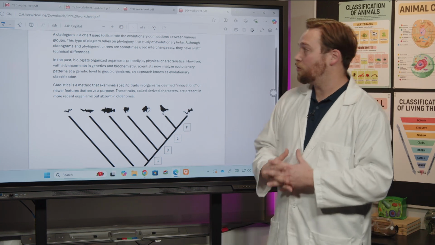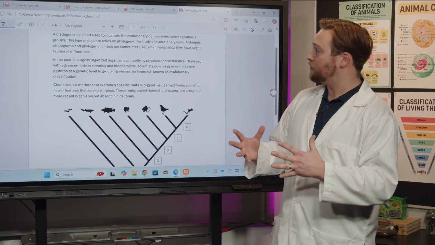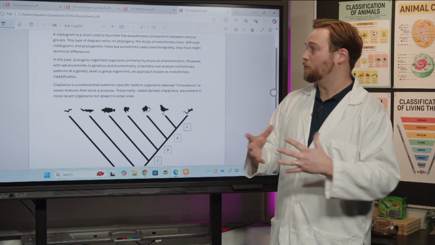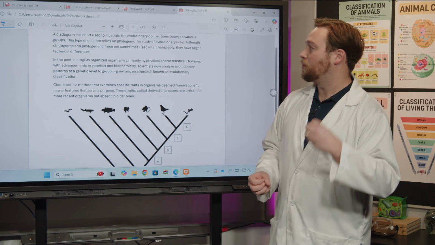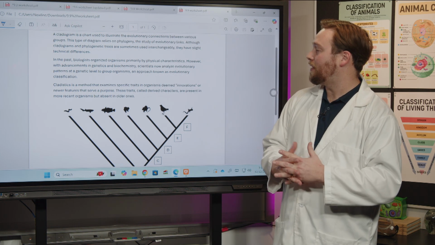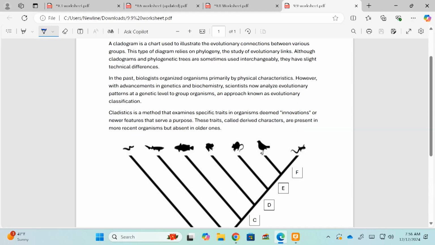So again, a cladogram is a chart used to illustrate the evolutionary connections between various groups. This type of diagram relies on phylogeny, the study of evolutionary links. Although cladograms and phylogenetic trees are sometimes used interchangeably, they have slight technical differences. In the past, biologists organized organisms primarily by physical characteristics.